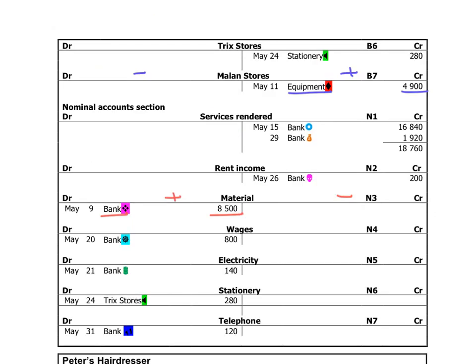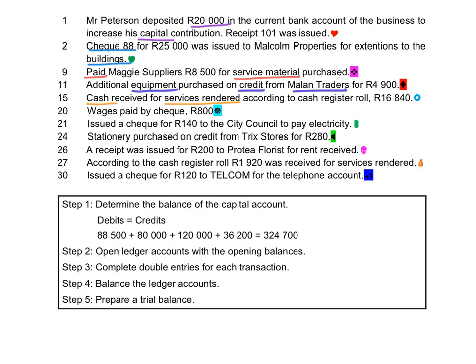Services rendered is an income. Income increases on the credit side and decreases on the debit side. So services rendered increased our income on the credit side, and the bank was debited. Wages paid by check. Money was taken out of the bank. What did we pay? Wages.